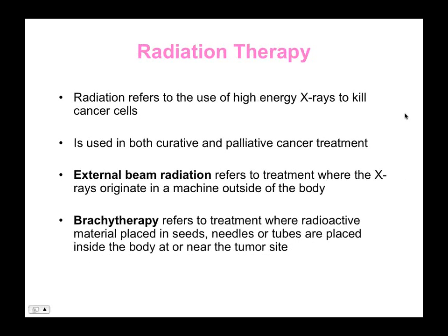So radiation refers to the use of high-energy X-rays, and these X-rays are designed to kill cancer cells. These can be used both in the curative setting but also in the palliative setting. In the curative setting, an example would be that stage 2 breast cancer patient who had a lumpectomy. It is standard to follow that up with radiation therapy, and that is given, again, with her other treatments with a curative intent.